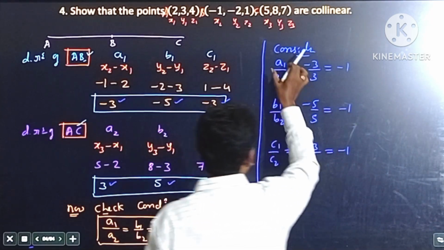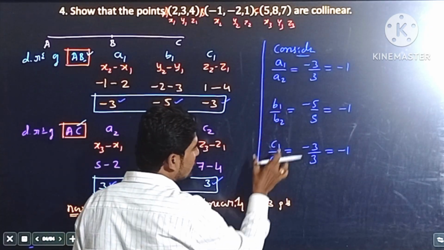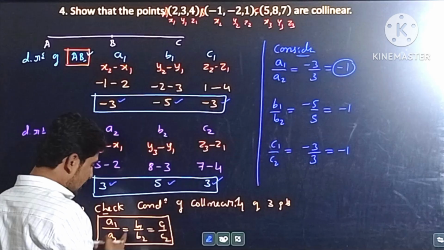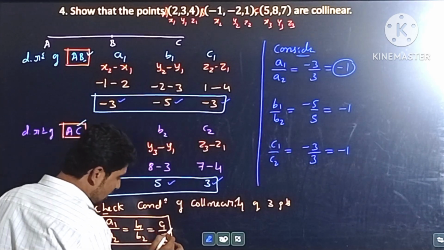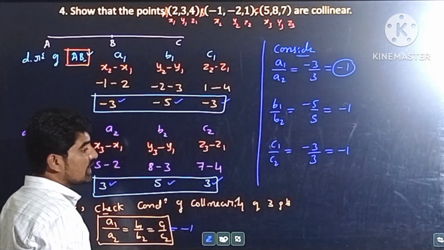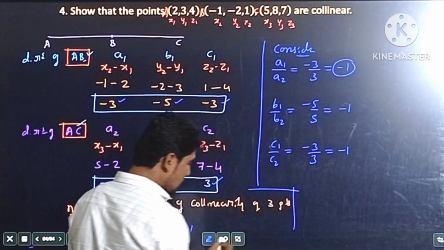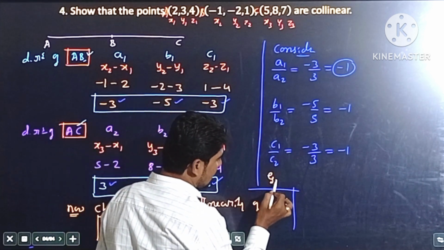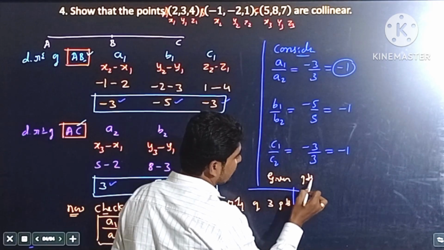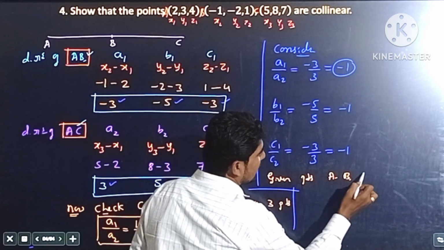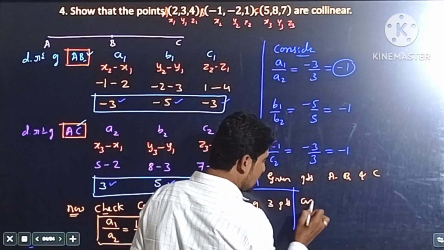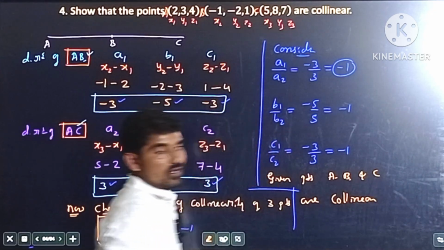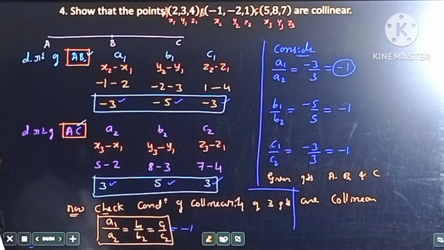So observe here, a1 by a2, b1 by b2, c1 by c2 are all equal to minus 1. Since they are all equal to minus 1, it means the given points A, B and C are collinear. I hope all of you understood this question.